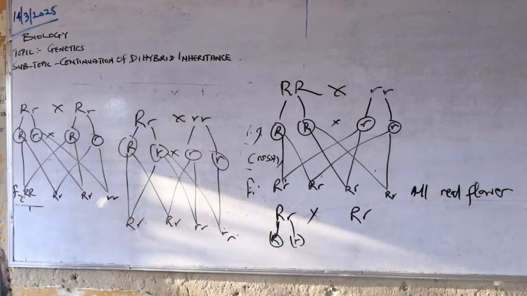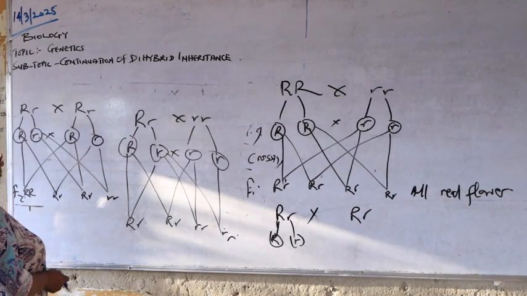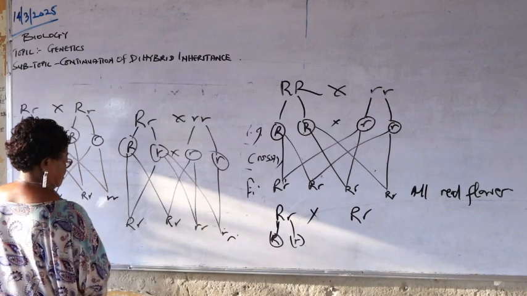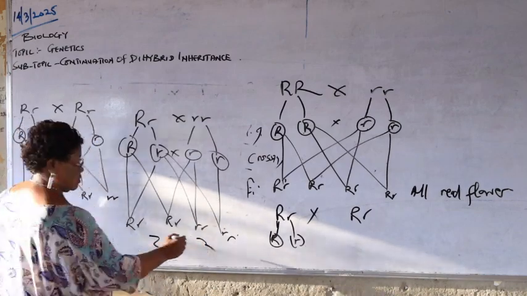So this is our back cross. We have 3 to 2.